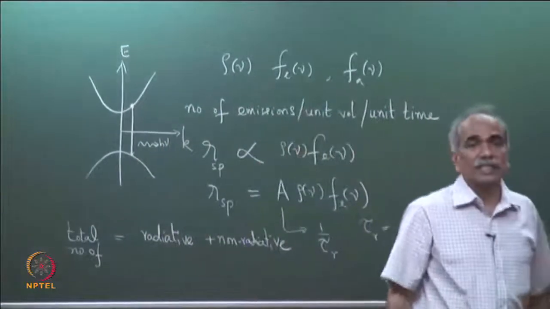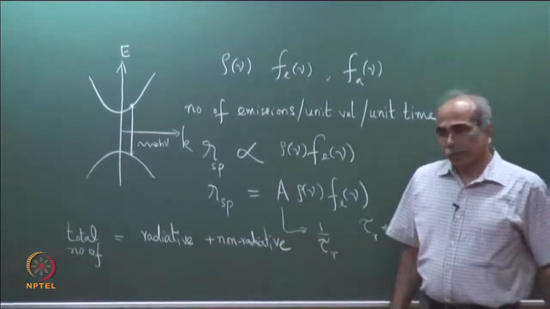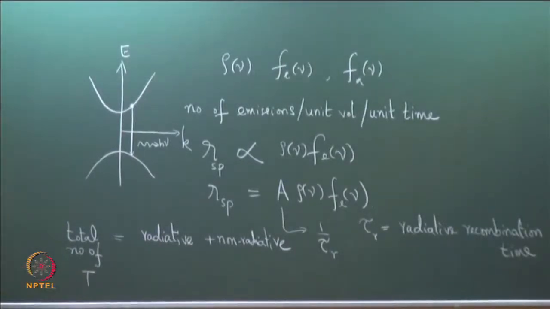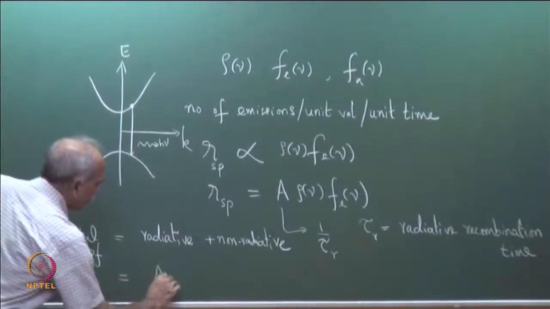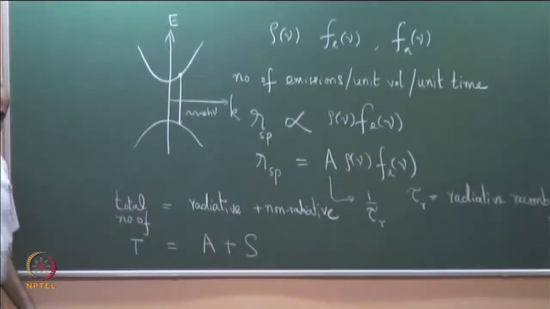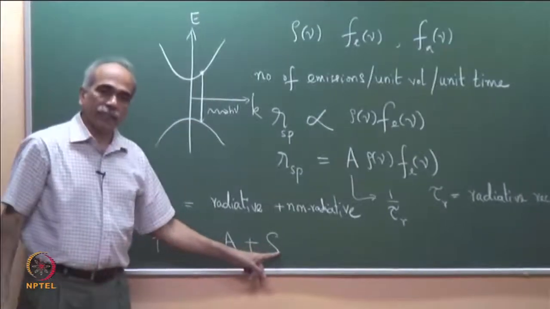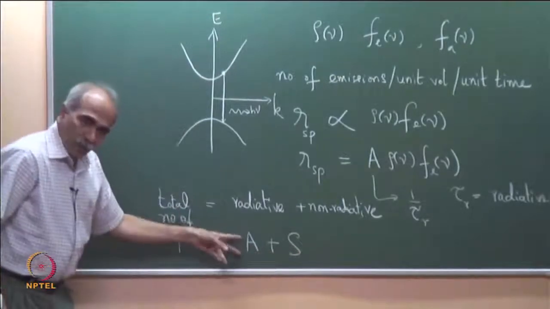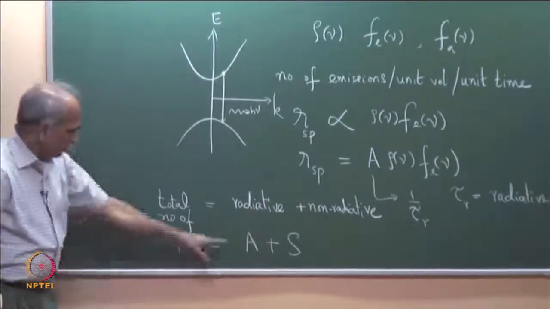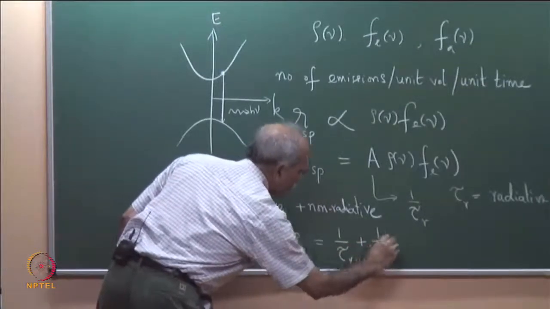Correspondingly, if I denote the total rate constant as T, it comprises a radiative constant A plus a non-radiative constant which I denote as S. Being a rate constant, it is the inverse of time, so this is written as 1 over tau r plus 1 over tau nr.